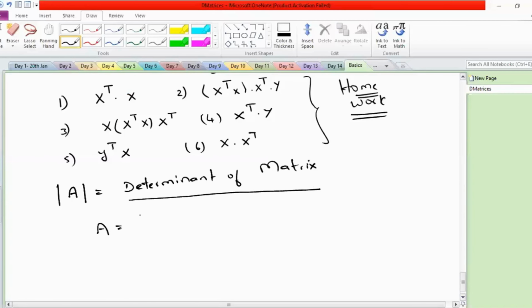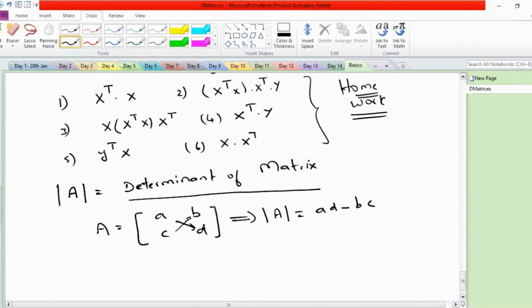Suppose you have a matrix something like A, B, C, D. These A, B, C, D are the elements. Then determinant A is nothing but AD minus BC. That means subtraction of the diagonal elements. AD minus BC.